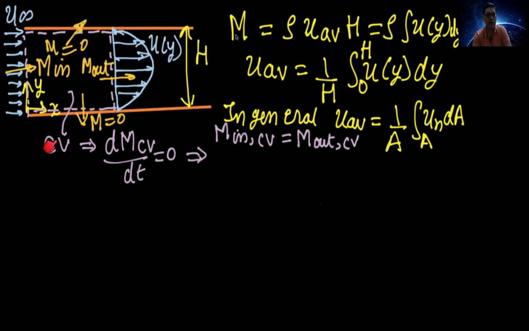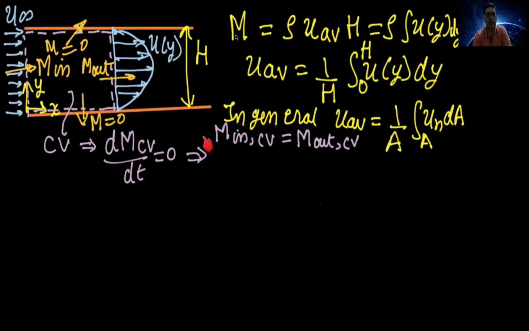Similarly, at the bottom surface of the control volume, the fluid cannot penetrate the bottom wall, so this mass flow rate is also 0. So the mass cannot leave from the top wall and bottom wall, and whatever is entering, the same amount of mass flow rate has to leave.